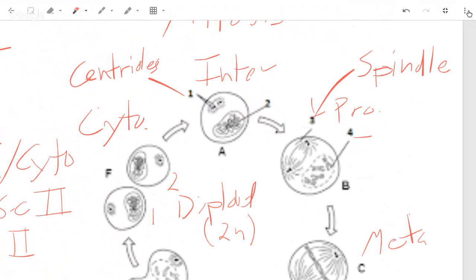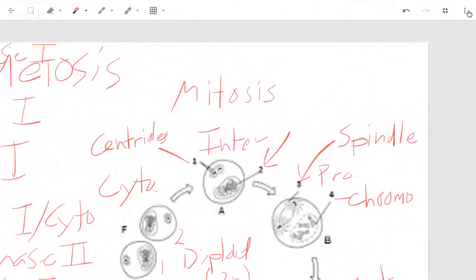Four, that's probably just a chromosome. 2 is going to be chromatin. And chromatin is just unorganized chromosomes. Or chromatids, you can say that too. Chromatid is the proper term.